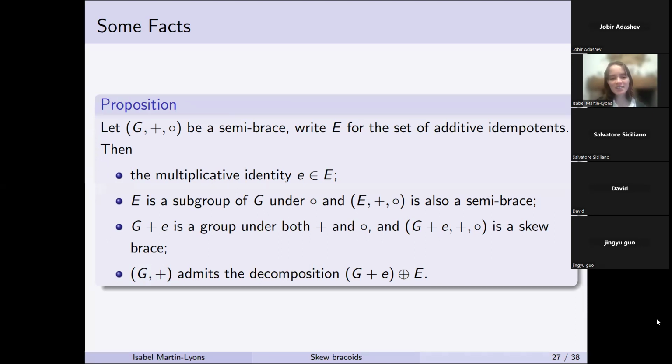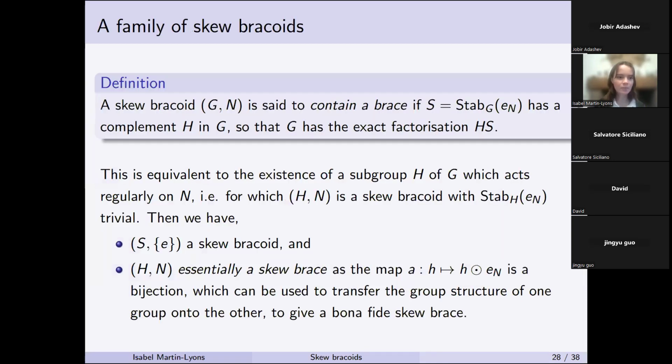These facts about semi-braces tell us a bit about the family of skew bracoids which we're going to be concerned with, because we can't yet connect all skew bracoids with solutions or indeed with semi-braces. So which skew bracoids can we connect?